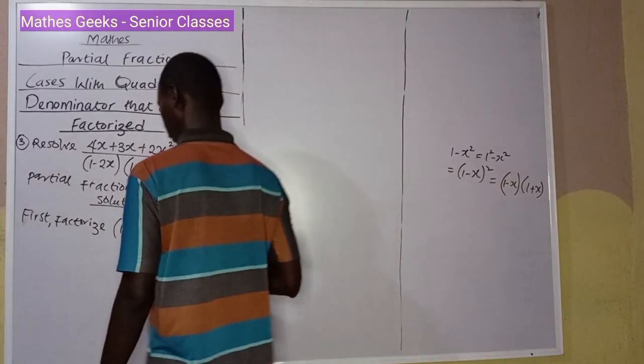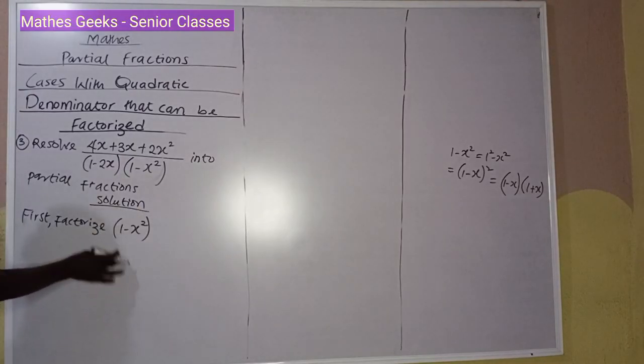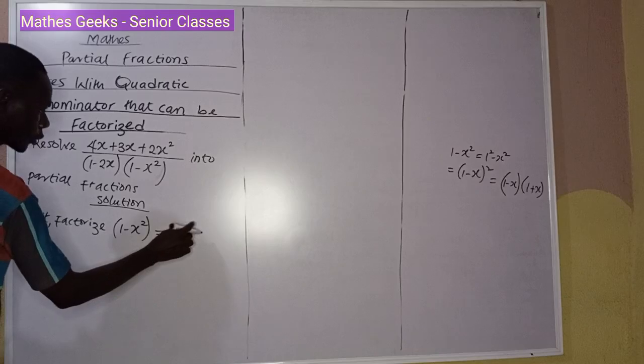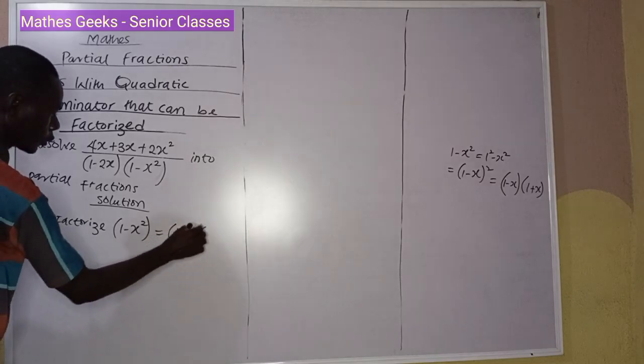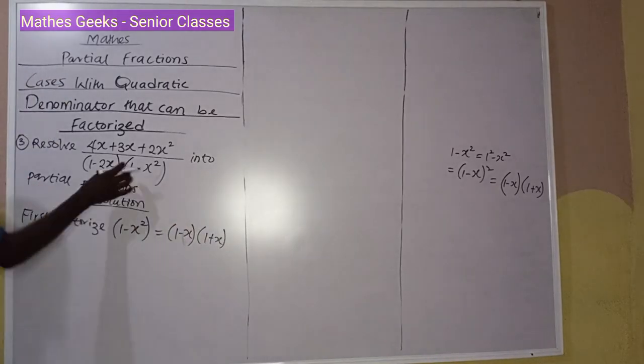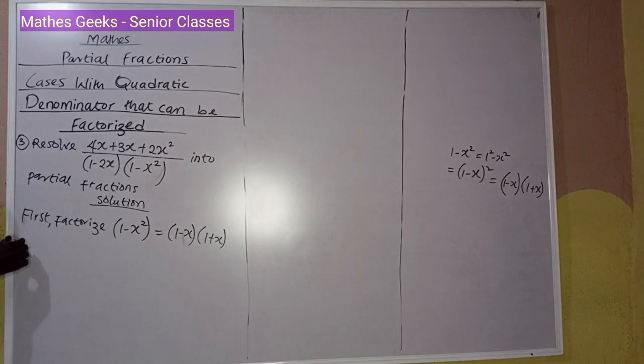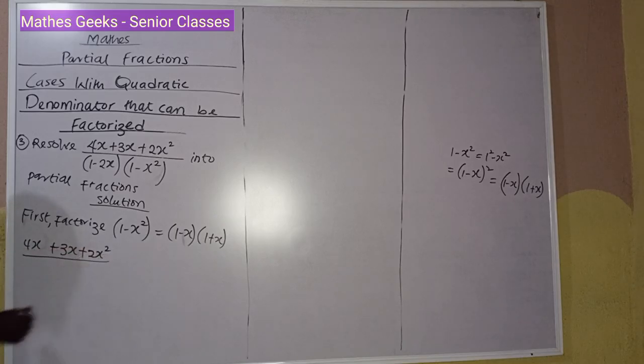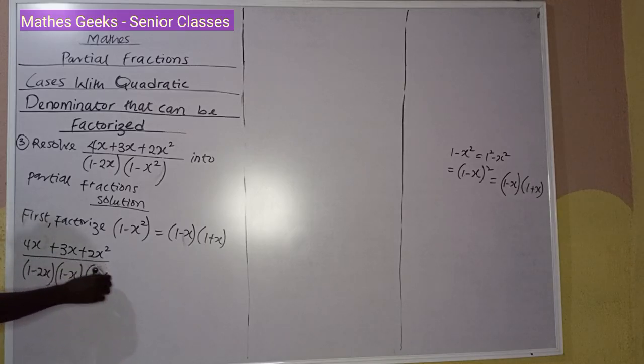Put this in place of this. So this, when factorized, equals (1 minus x)(1 plus x). So our expression becomes 4x squared plus 3x plus 3x squared over (1 minus 2x)(1 minus x)(1 plus x).